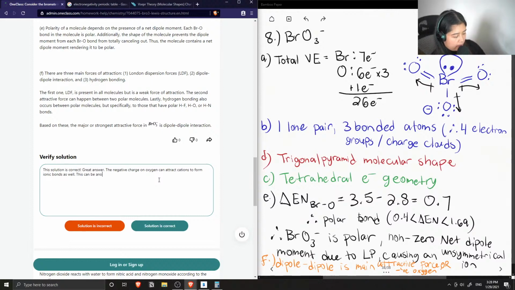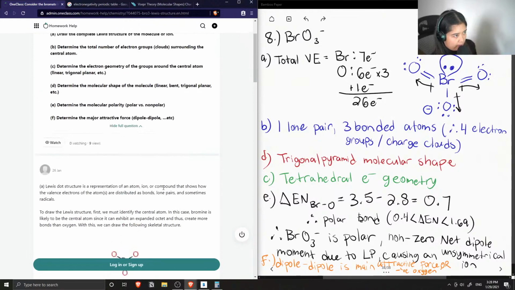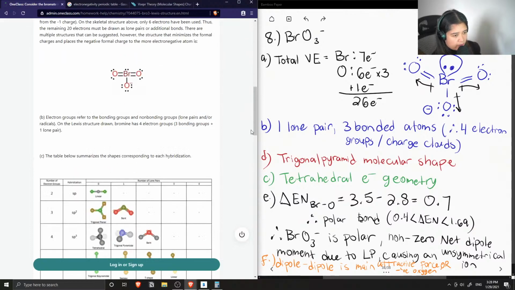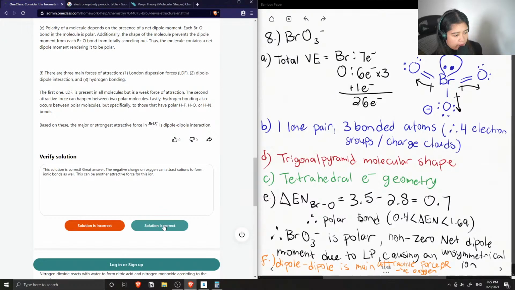This can be another attractive force for this ion. Yeah, so I'm not sure if they meant like intermolecular forces or intramolecular forces, so I'm just going to add that as well. But this solution is correct.